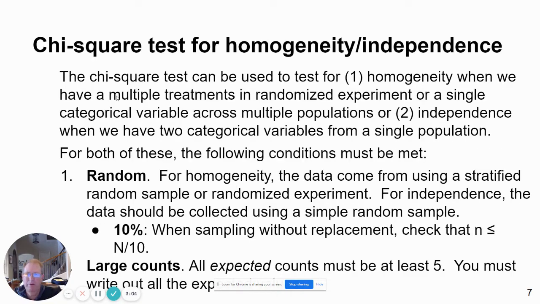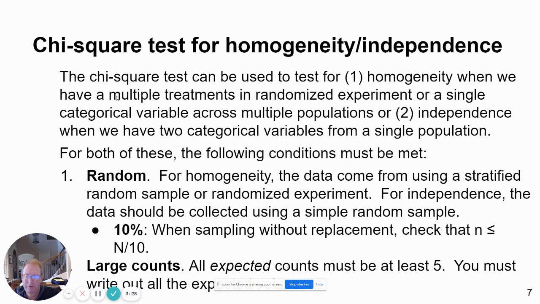Now we check our conditions. Fortunately, the conditions for the chi-square test of homogeneity are the same as the chi-square test of independence. So let's get to them. For homogeneity, the data must come from using a stratified random sample or randomized experiment. And that's exactly what we have in this case.